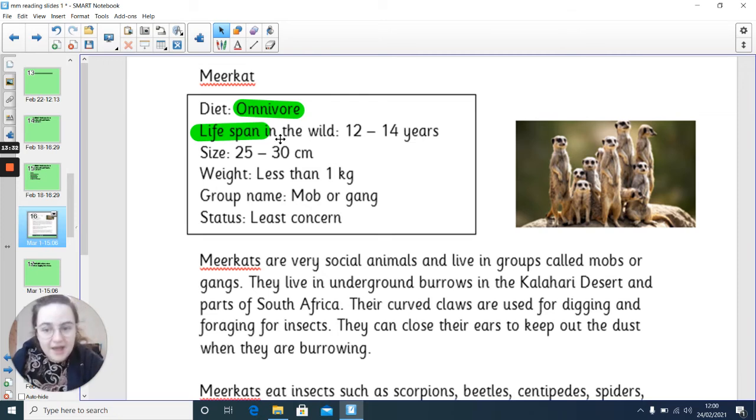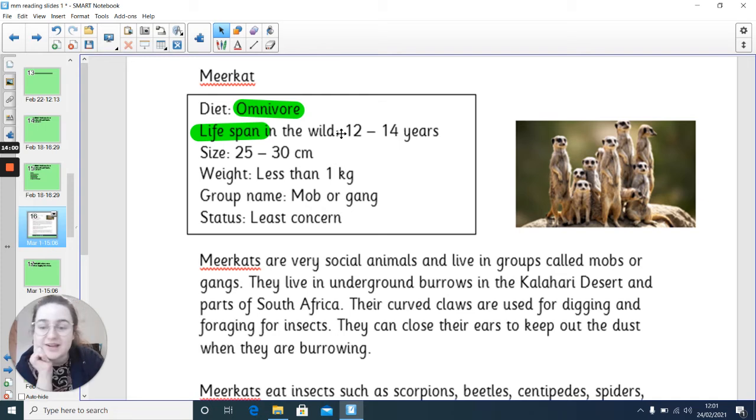Brilliant. So lifespan must mean that the meerkats can live to be 12 or 14 years. Yeah, lifespan means being alive. And the meerkats, it says, are 12 to 14 years. So they can be 12 to 14 years old. They start off as babies and they grow up. And then usually when they get to 12 to 14, that's like being a really old meerkat, and then they might die soon after that.